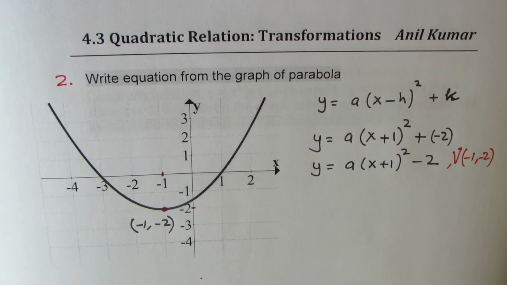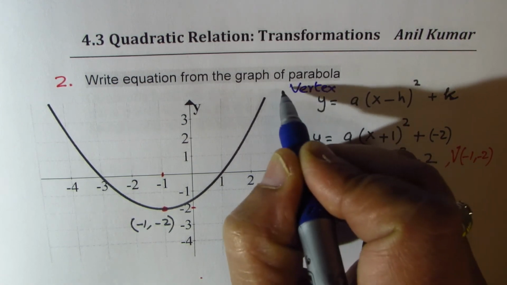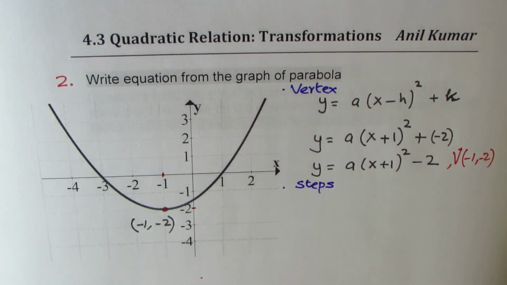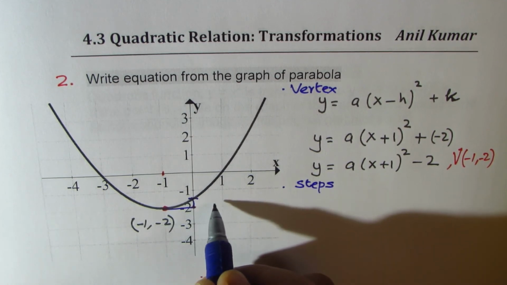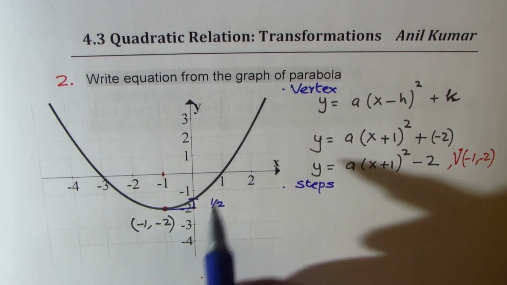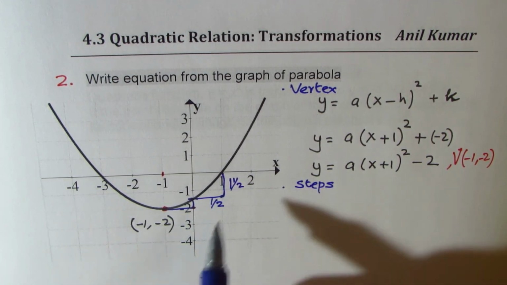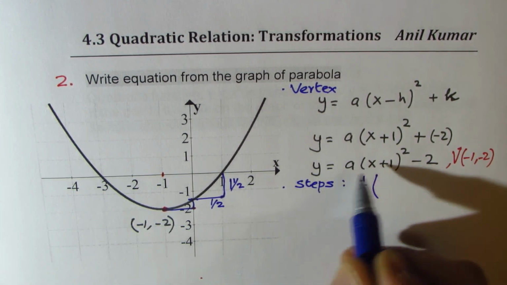Now we need to find the value of a, which is related to steps, correct? So let's count these steps now. The first part was to identify the vertex. The second part is to check steps. Now if I use 1 unit right, I go up how much? I go up by half. Next time I go up by 1.5. So that clearly shows that these steps are positive, going upwards.